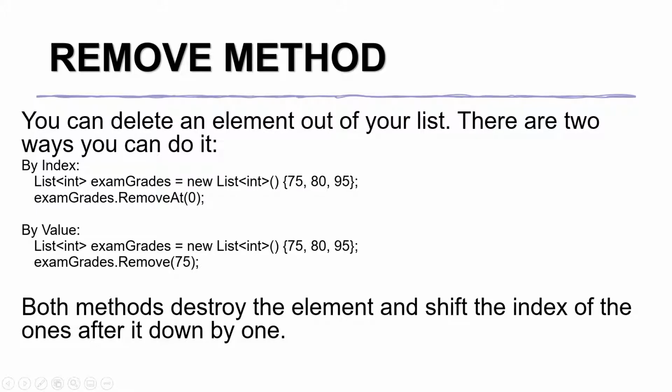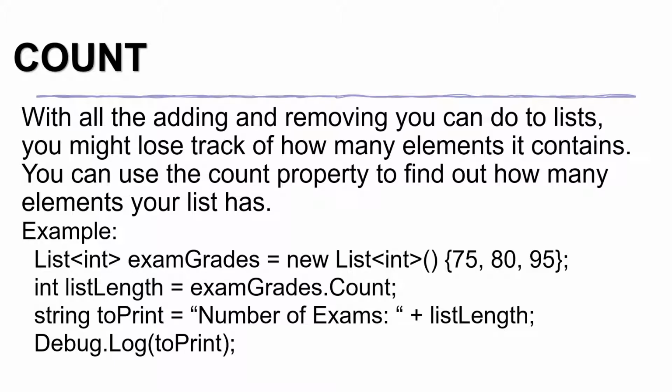So with all of these adding and removing, you might lose track of how many elements are in that list. And it's a little bit different to find out how many elements are in your list versus in an array. Because remember, with an array we could just do that dot length. It's different for lists. What we use instead is count.